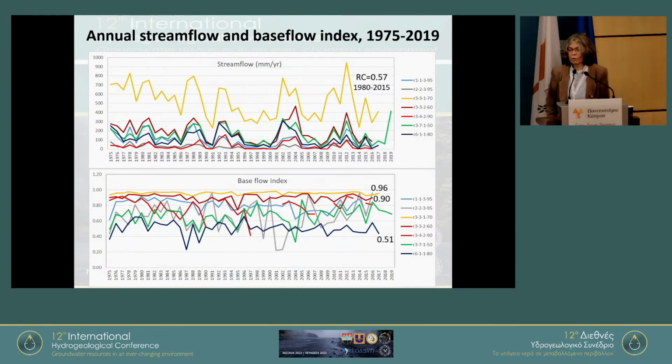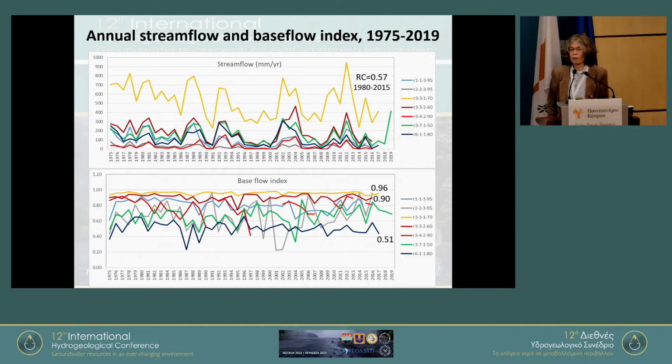When we look at these long-term records from the Water Development Department, again, on the top we see the stream flow from 1975 to 2019, and we see the highest stream flow coming from the top of Mount Olympus, with a runoff coefficient, stream flow over rainfall, of 0.57.